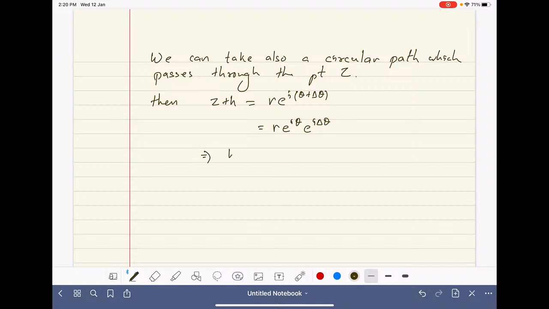now for the other path, h is equal to z minus r e power i theta e power i del theta, where z equal to r e power i theta.